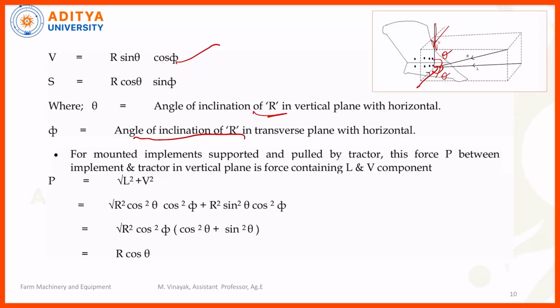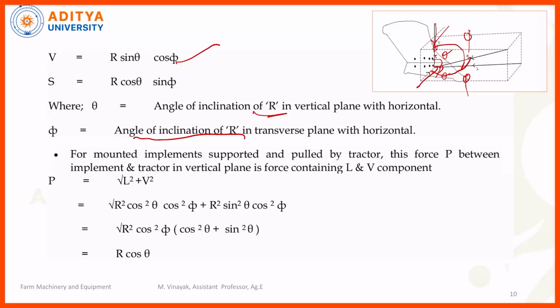So, the angle between these two sections, V with L as well as V with R, that is phi, this one is phi. So, theta is the angle of inclination of the resultant force with the horizontal plane, and phi is the inclination of the resultant in the transverse plane with the horizontal.